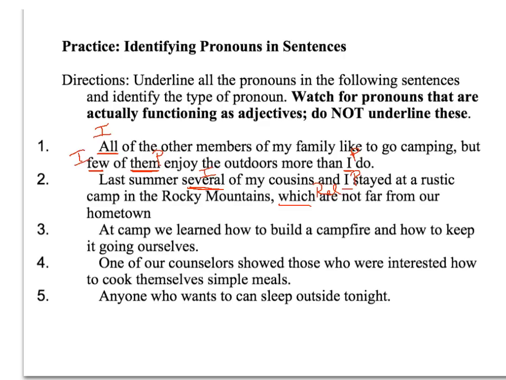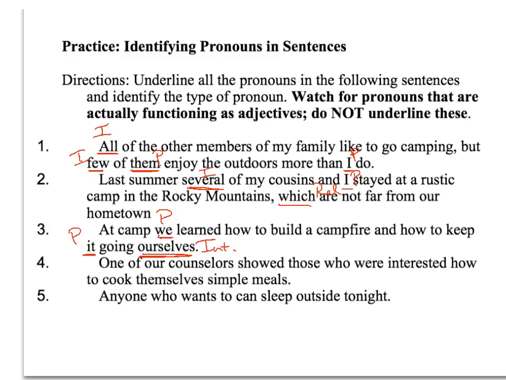Number 3, at camp we learned how to build a campfire and how to keep it going ourselves. Our first pronoun is the we, and it's a personal pronoun. It is also a personal pronoun, and ourselves is an intensive pronoun.